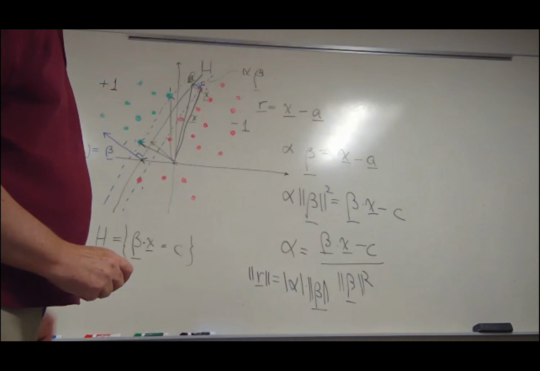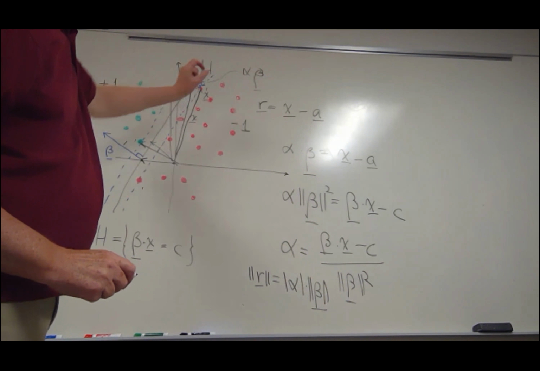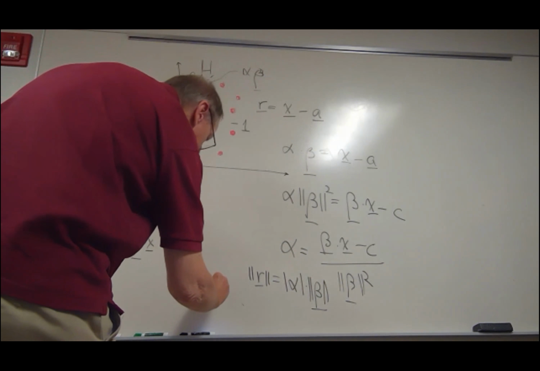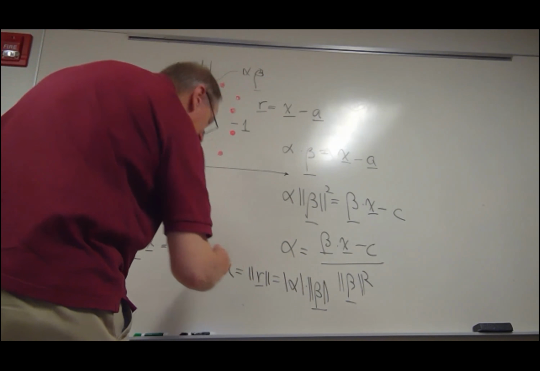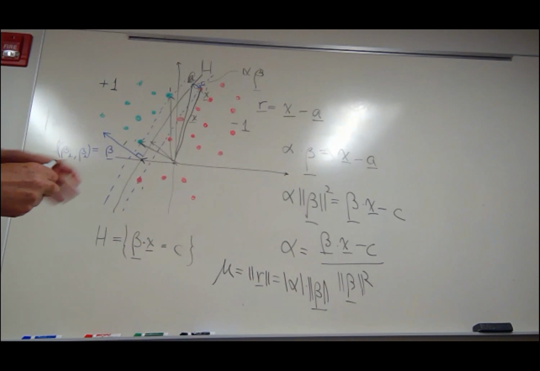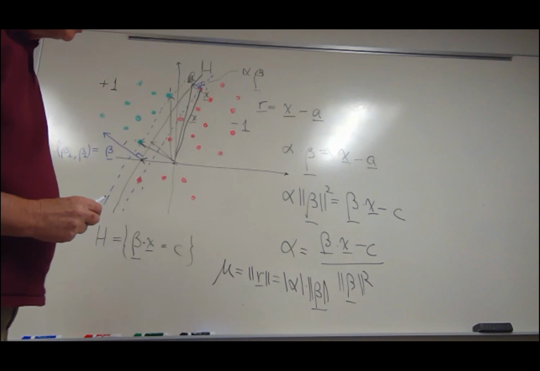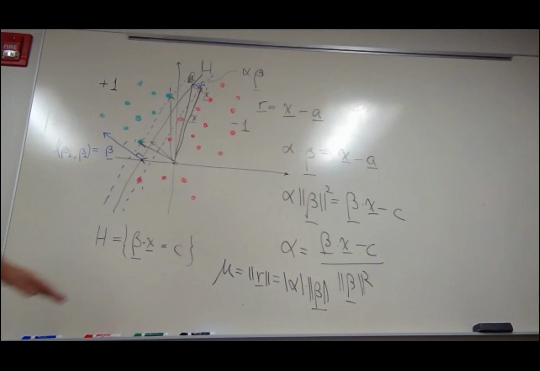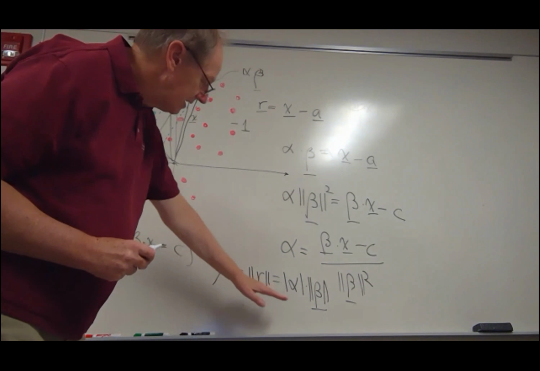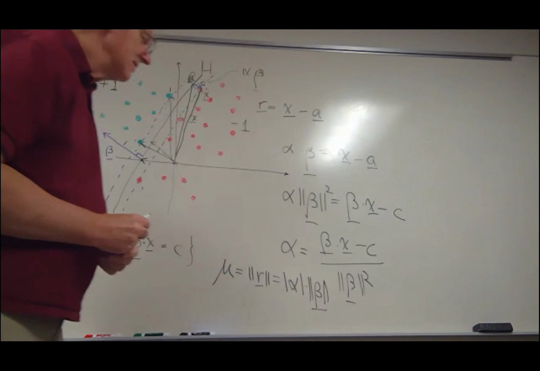That'll be the length of this here. Let's just call this mu. So this is the distance from the line of these points that are closest to the line. They all have distance mu given by this formula here.